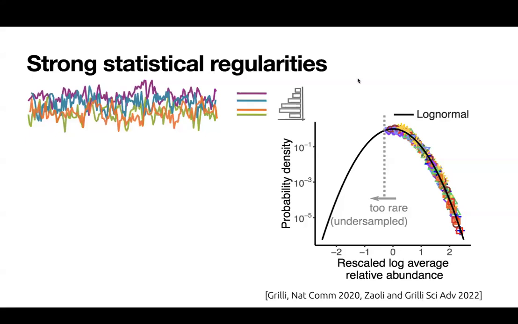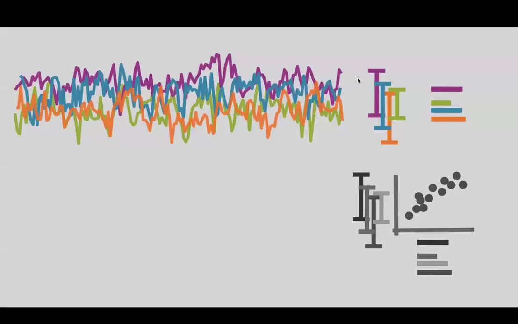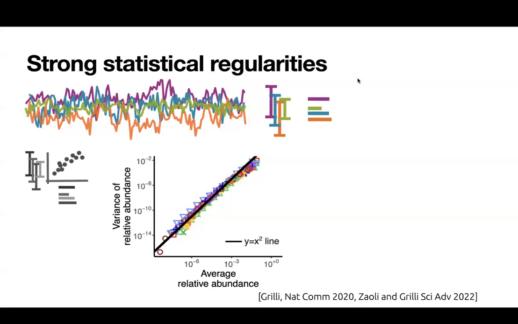Abundance around which each species fluctuates is log-normally distributed across species. Then you can ask, I have this pattern of the shape of the fluctuations, the average of the fluctuation. I can ask how big are the fluctuations, and there are other statistical regularities that emerge.